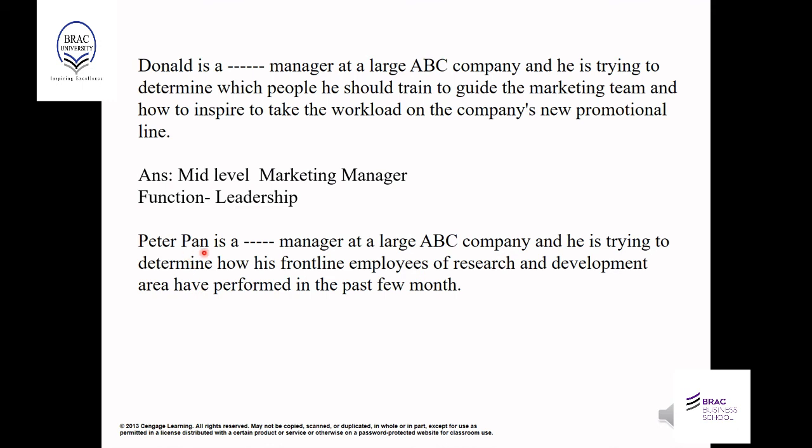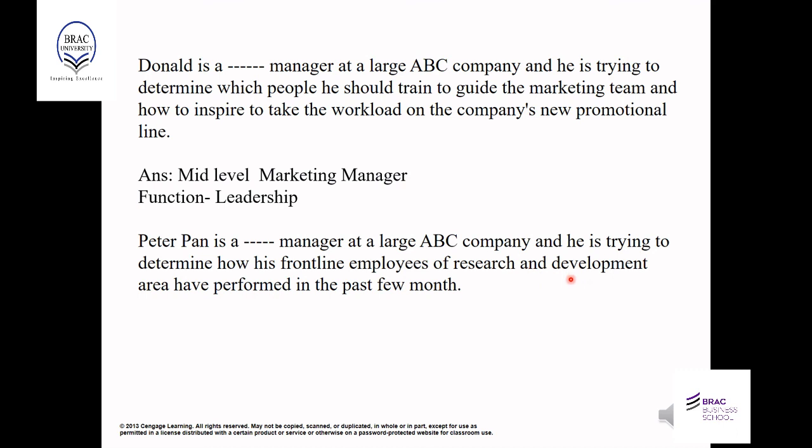Now move on to the last case, that is Peter Pan. Peter Pan is a manager and what he is trying to do is figure out the performance of his frontline employees. So here he is handling the final operational employees. So he is the first line manager. The employees are engaged in the research and development department.